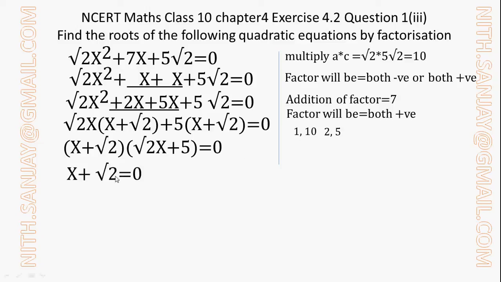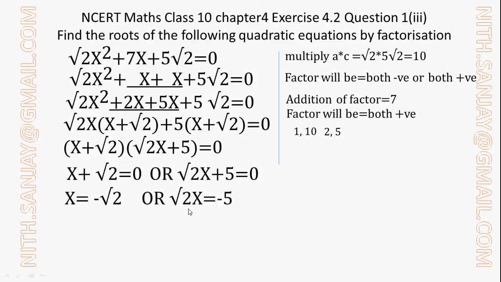So I will put x plus root 2 is equal to 0, or root 2x plus 5 is equal to 0. If I subtract root 2 from both sides of this equation, I will be left with x is equal to minus root 2. If I subtract 5 from both sides of this equation, I will be left with root 2x is equal to minus 5. Now x is equal to minus root 2 I have written as it is.